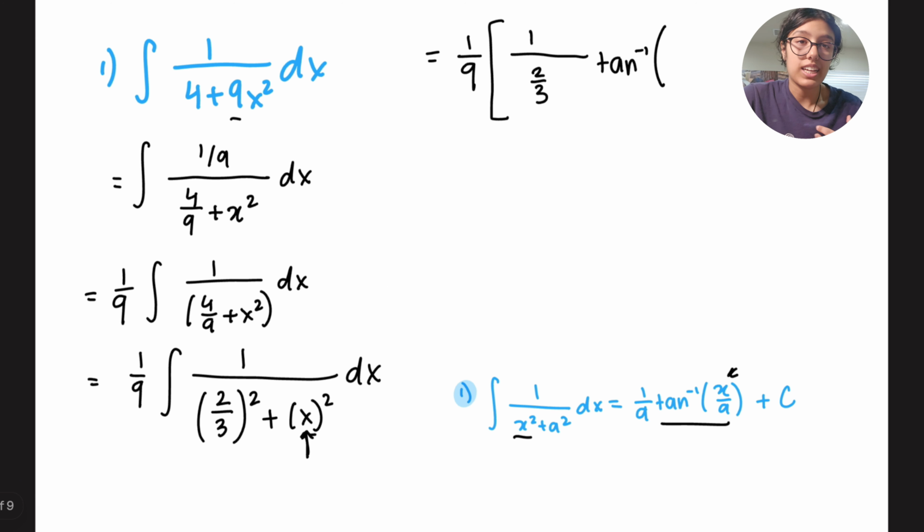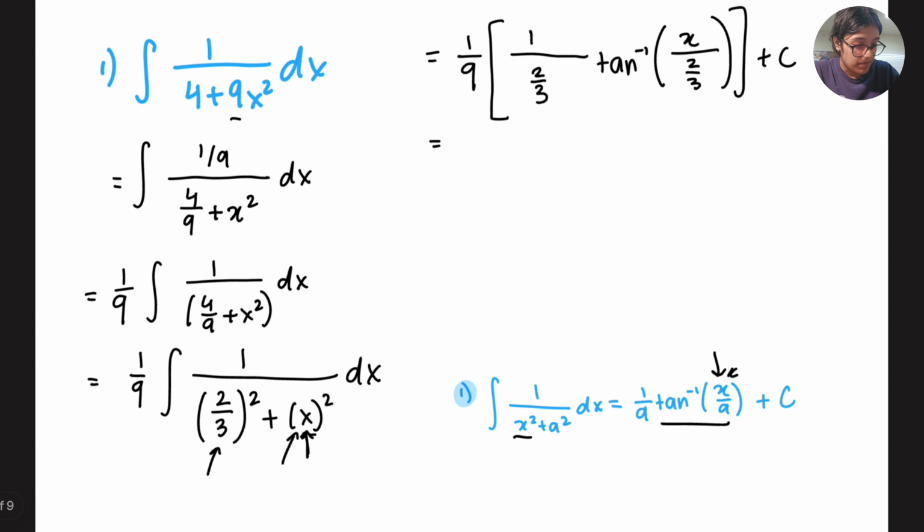It's probably going to be like x plus 2 or x minus 2/3. Either way, if it has an x connected to it, then that is our x that we're going to apply in this formula. But for right now, x is just x over here. So we have x over a. A we already established was 2/3, and of course our plus c.